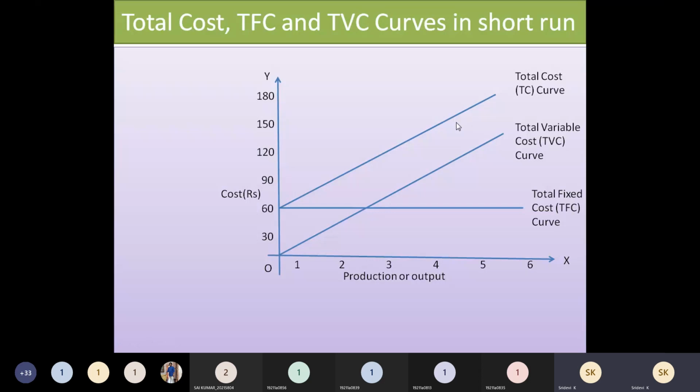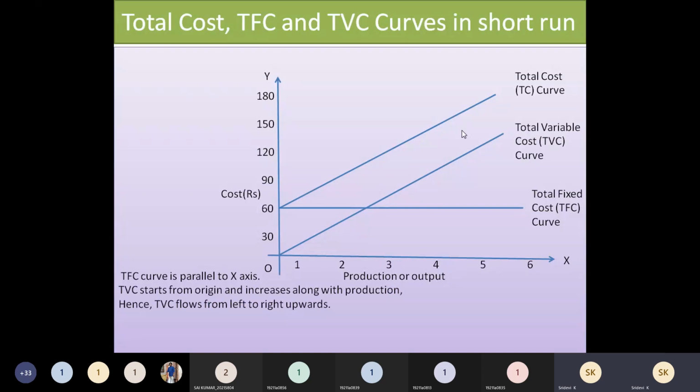So these are the graphs that you are going to come across in the short run related to the total variable cost and total fixed cost, as well as the total cost curves. The same thing you are going to write below the graph. You have to write that the TVC and TC curves are parallel, flowing from left to right upwards.